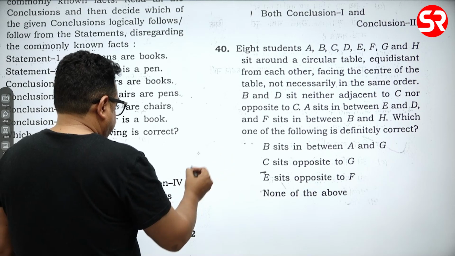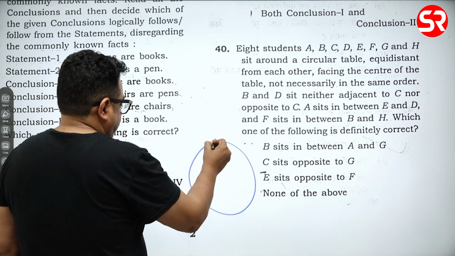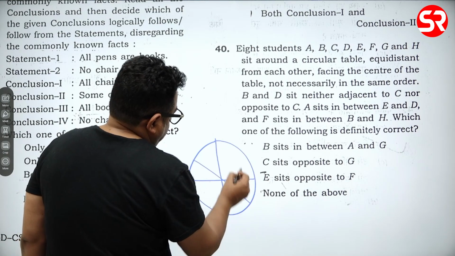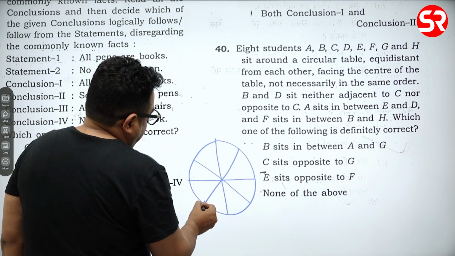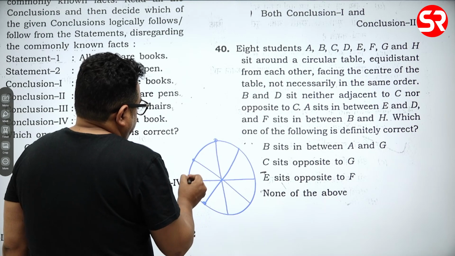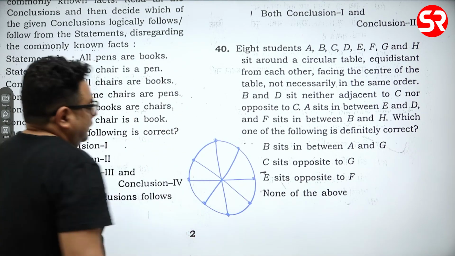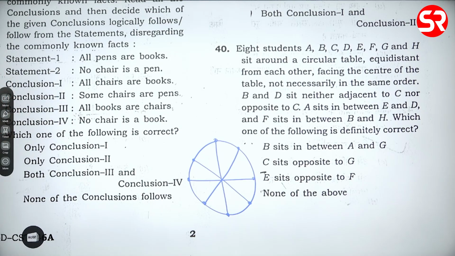So, directions again. So, these are these 8 students. Alright, these are these 8 students. Equidistant facing the center but not necessarily same order.